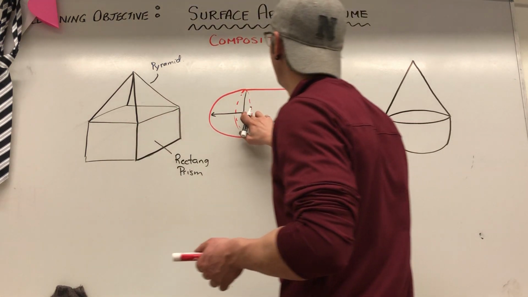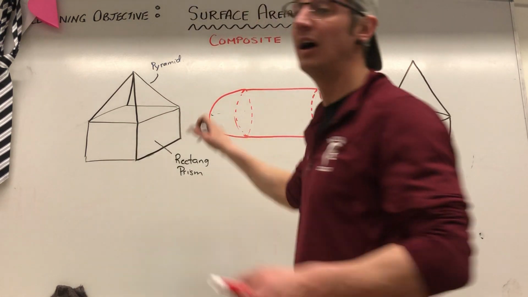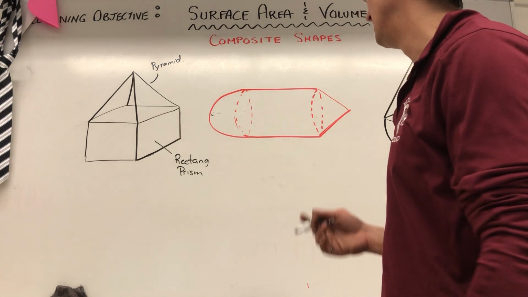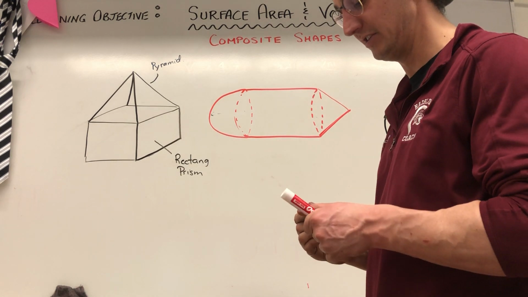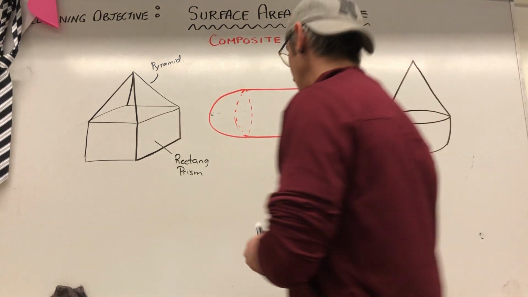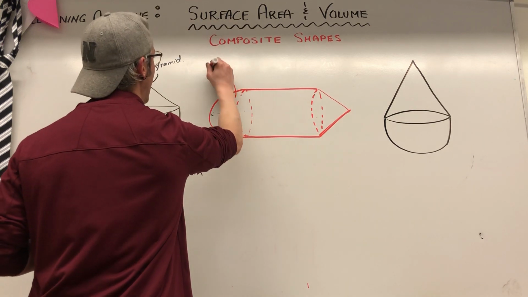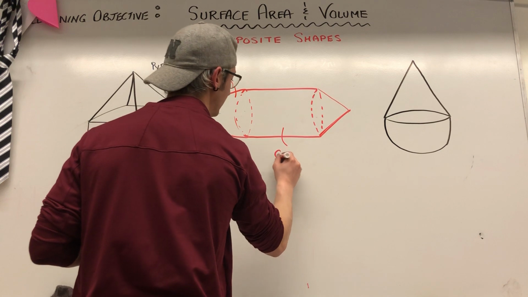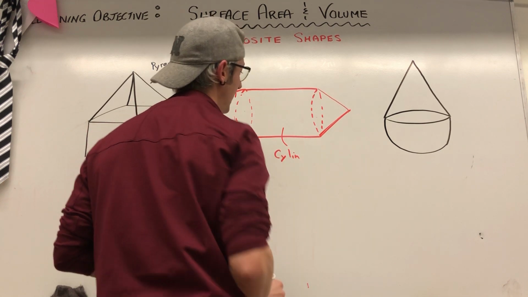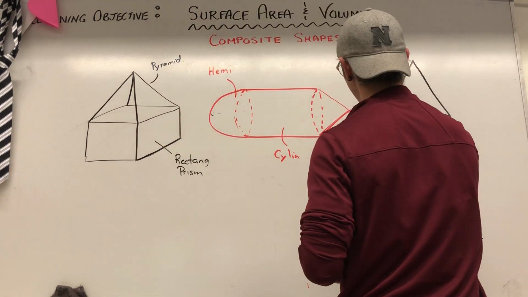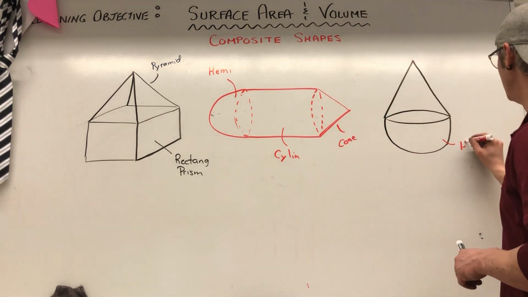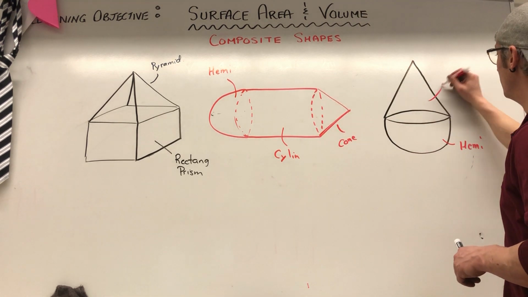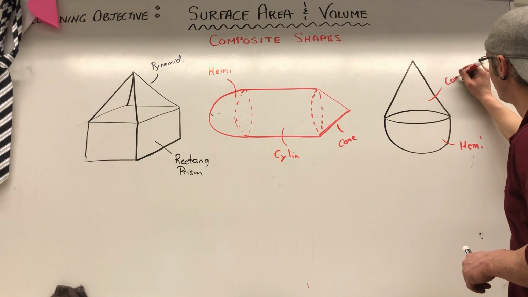It's hard without problems in front of me to tell you what you're going to run into, but here I'd have to recognize that I've got a hemisphere, a half sphere, a cylinder, and a cone. And then here I have a hemisphere and a cone.